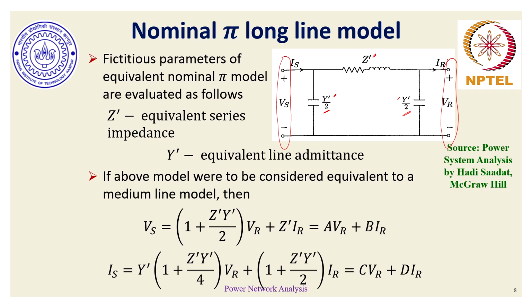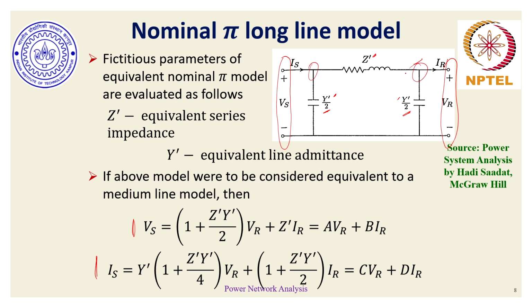In terms of ABCD parameters, those of you who are viewing this for the first time, please refer to the previous lecture, where you will be able to understand how we get these equations of VS, IS in terms of VR, IR. In fact, these equations come from applying KVL across the sending and receiving end, and by applying individual KCLs at these nodes.